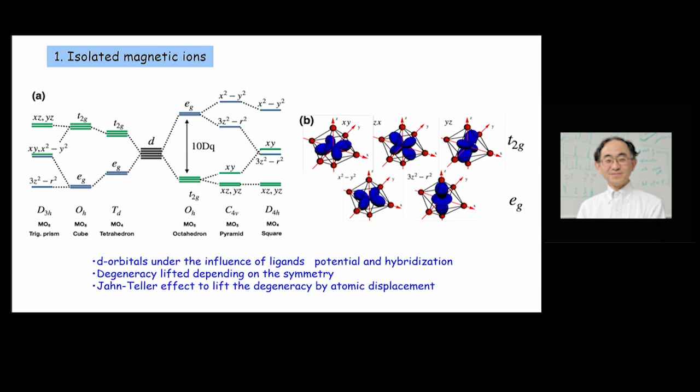And this is the most fundamental quantity which determines the electronic states of magnetic oxides, right? And degeneracy is lifted depending on the symmetry, and the Jahn-Teller effect lifts the degeneracy by atomic displacements. So this is a summary of this slide.